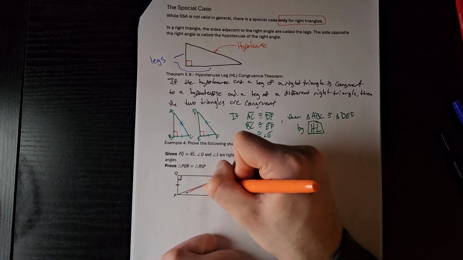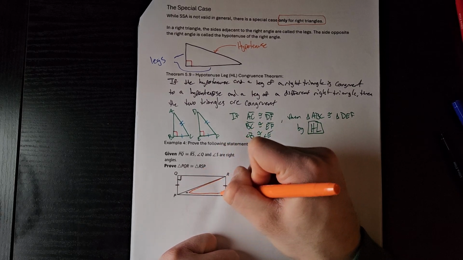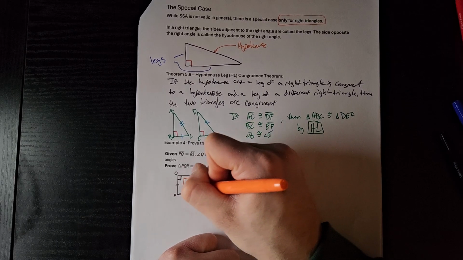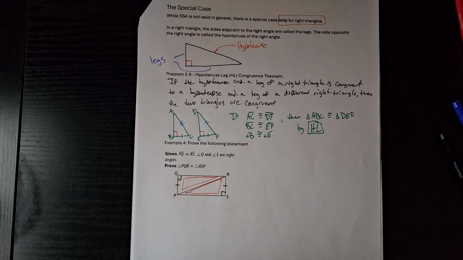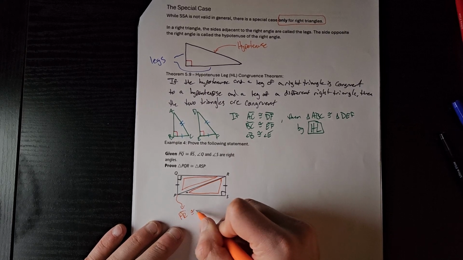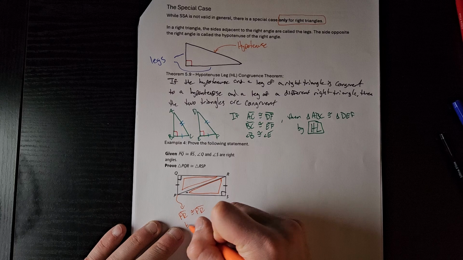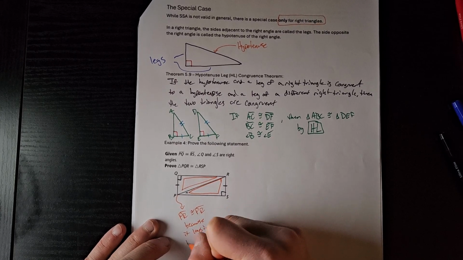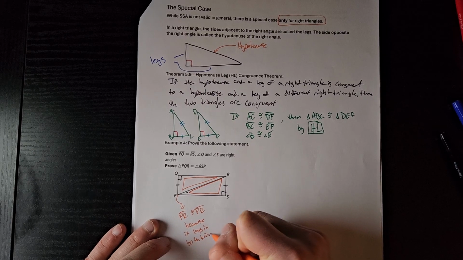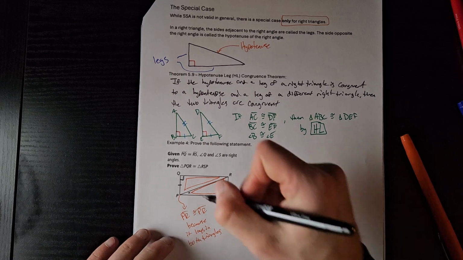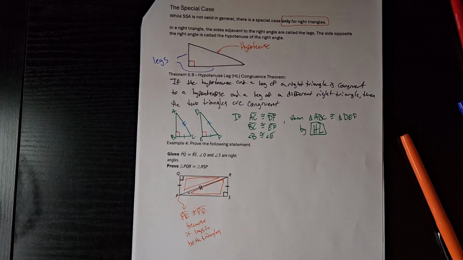Well, it's because PR is in both of these triangles, and remembering how we have done proofs already with a line segment cutting through both triangles, we can say that PR is congruent to PR because it lies in both triangles. And that is what's going to pretty much finish off our case for this proof.